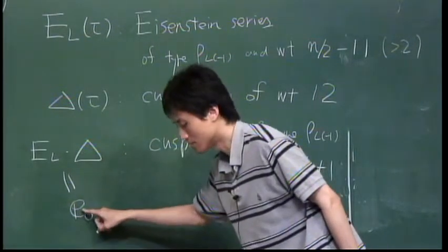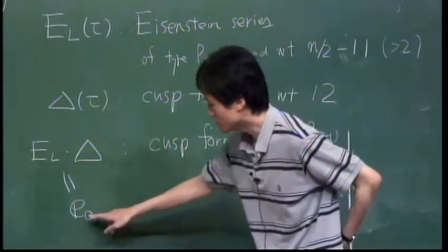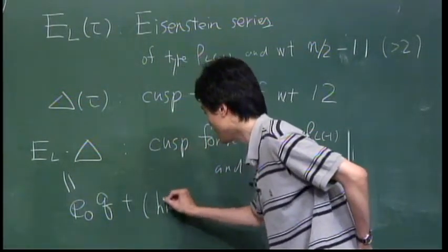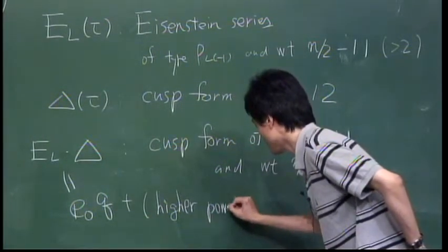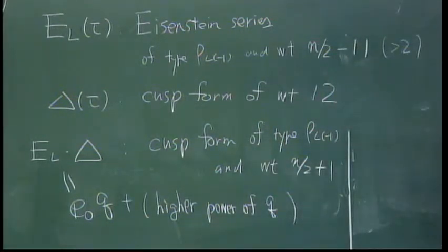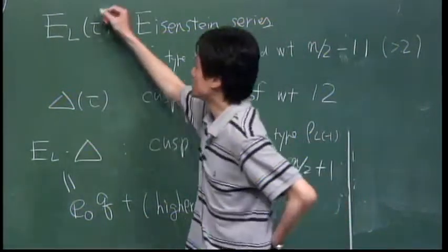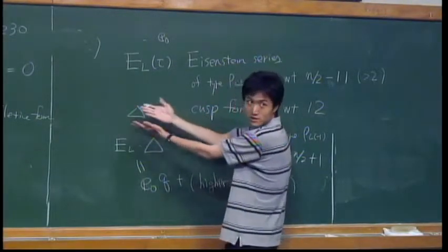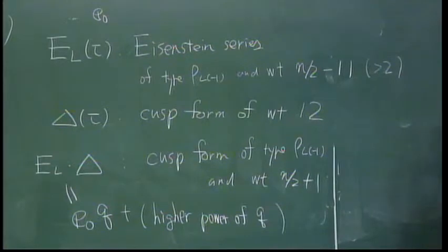E0, the vector of the group ring of the discriminant form corresponding to the 0 element, times Q plus higher powers of Q. Because the constant term of this Eisenstein series is just E0, and the multiplication by delta shifts the coefficients of the Eisenstein series.